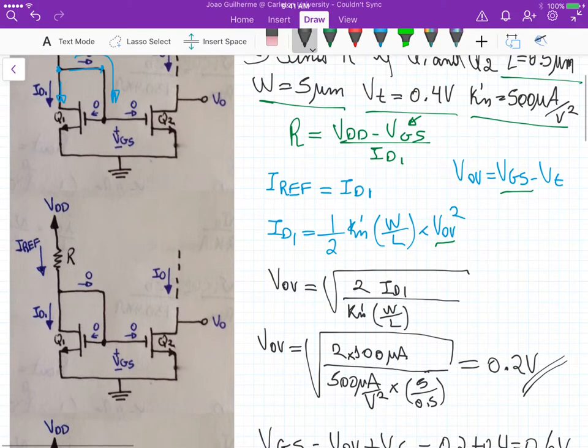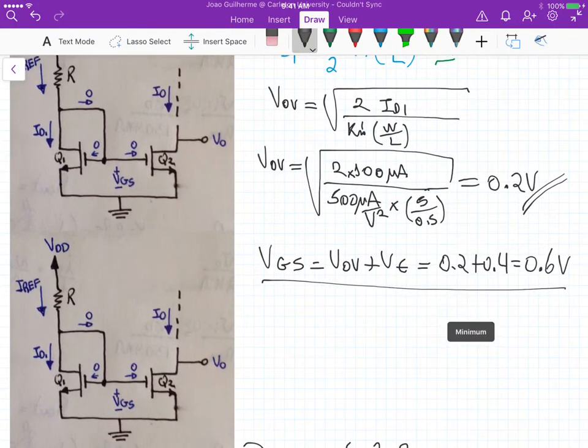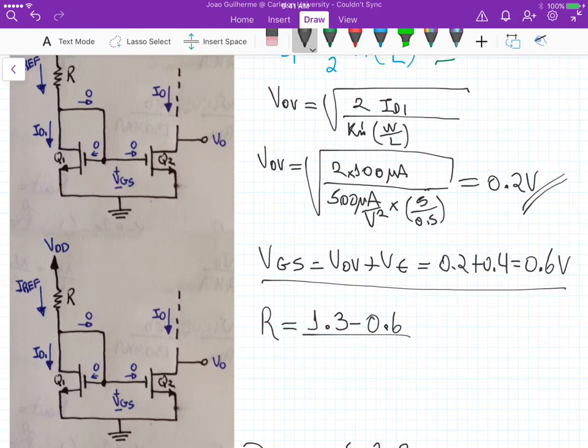Since we know VGS, we know VDD, and we know ID1, we can calculate R. So R in this case is 1.3 (VDD) minus VGS, 0.6, divided by ID1. And remember, ID1 here is the same as the reference current, so the reference current is 100 microamperes.